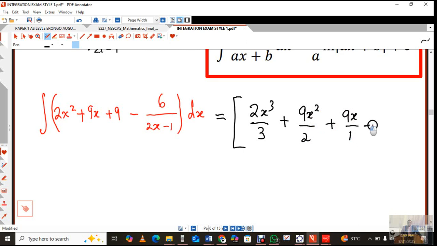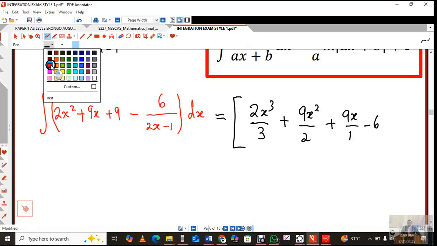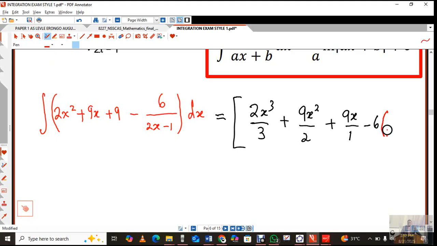All right, now minus, I'm going to take out the 6, then remember we are going to multiply this using my rules that I have. We're going to multiply this by 1 over 2, that's the 1 over 8, and this is obviously the natural log of 2x minus 1. All of this, obviously, I'm going to add the constant.